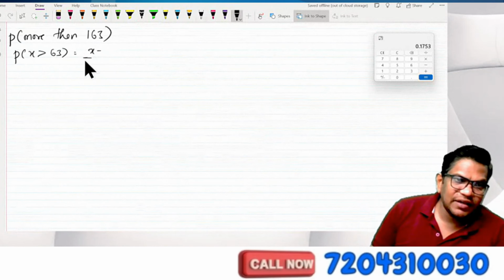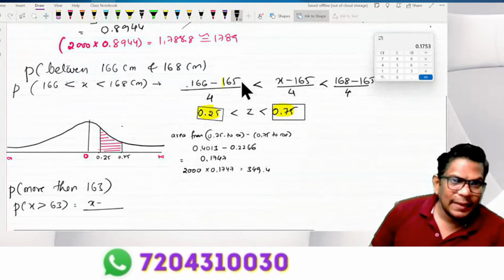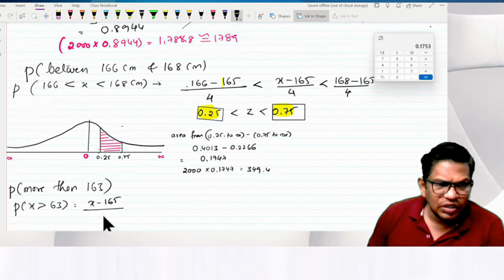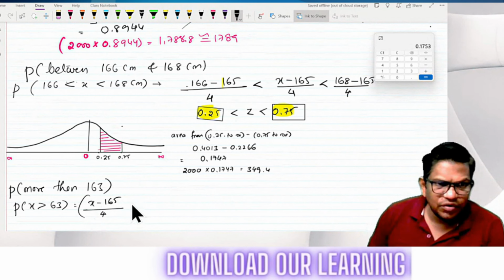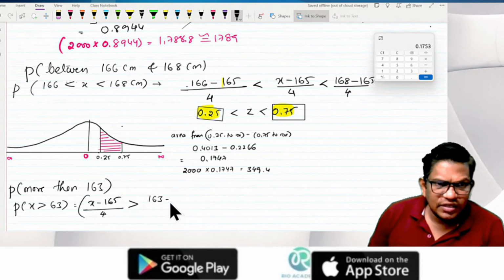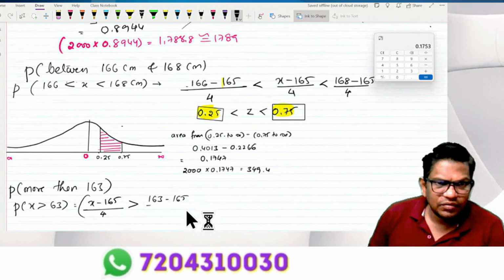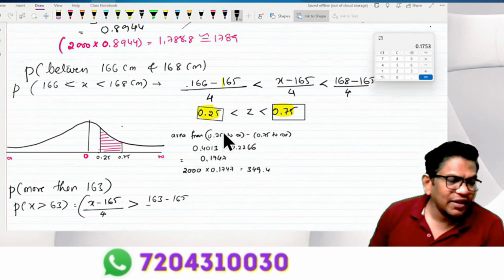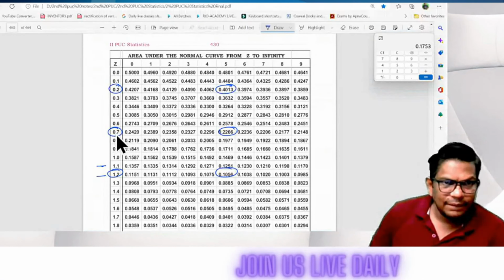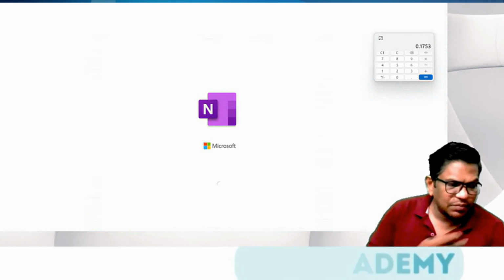X minus mu, divided by the standard deviation they have given. 165 is your mu, and the standard deviation is 4. So 163 minus 165 divided by 4 gives minus 0.5.